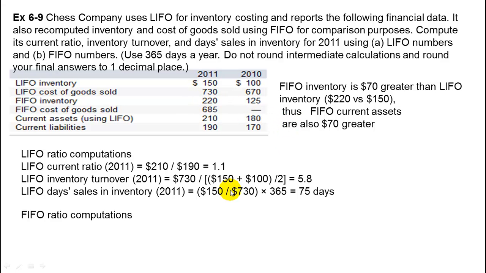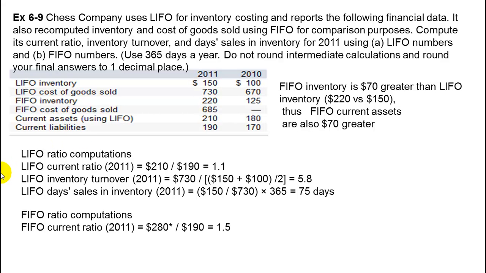Now, when you calculate the current ratio for 2011 under FIFO, what you have to remember is that the current assets using LIFO were 210. Everything else is the same with respect to current assets. Cash, accounts receivable, prepaid expenses, all those current assets are the same. The only thing that's different is the way we calculated inventory.